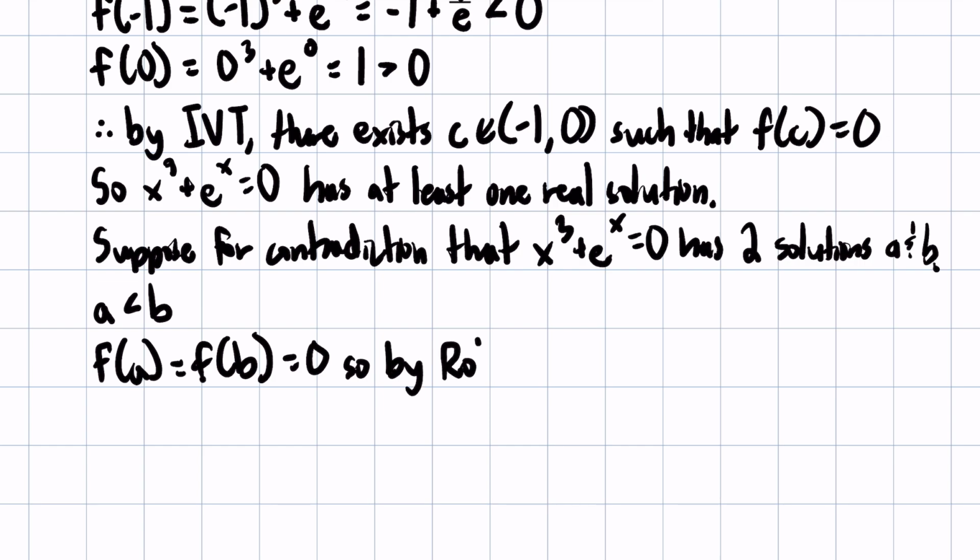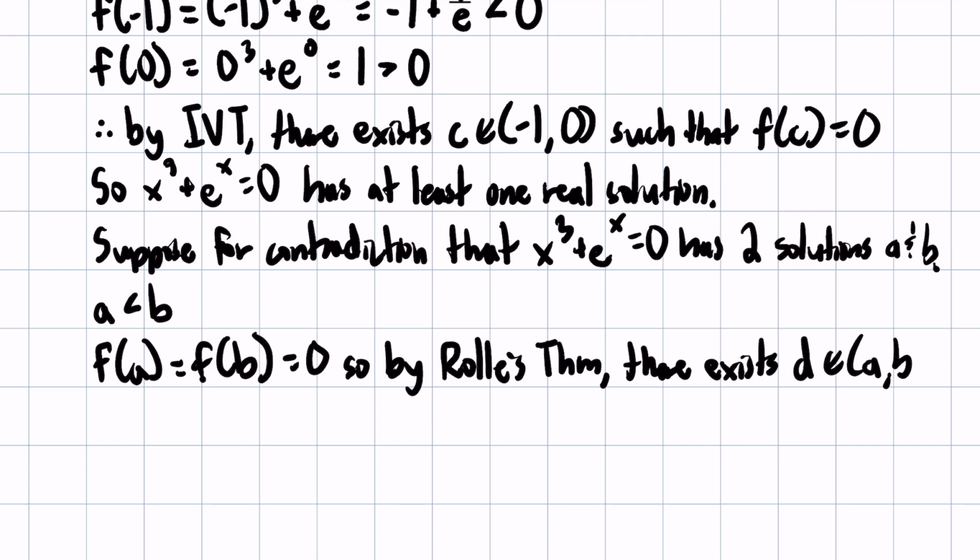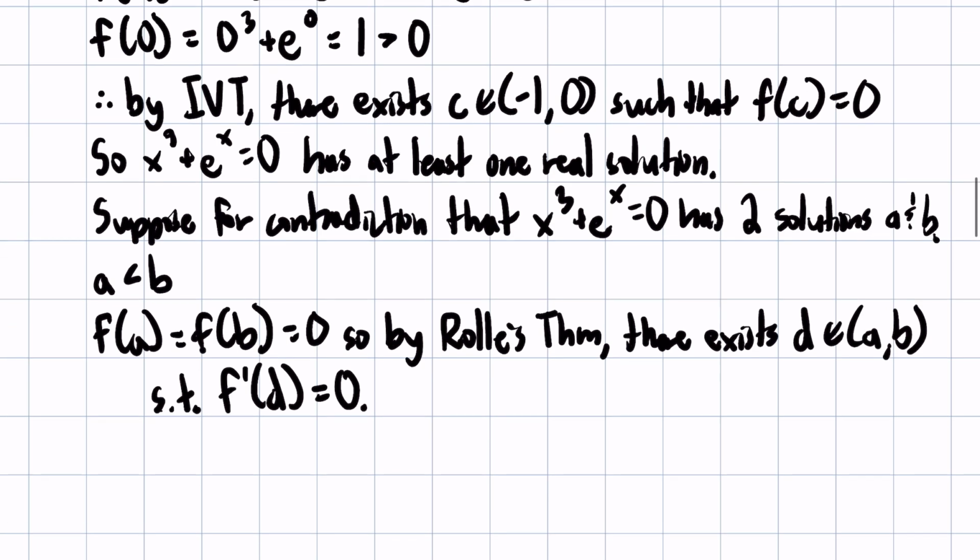By Rolle's theorem, there's going to be some number in this interval, so we're going to call it D, such that f prime of D equals 0.